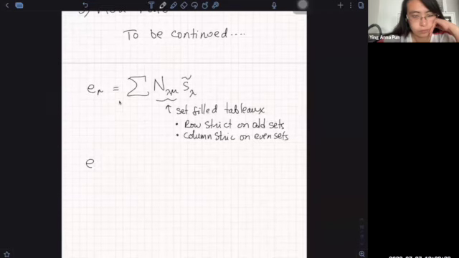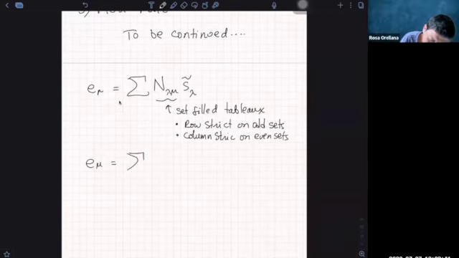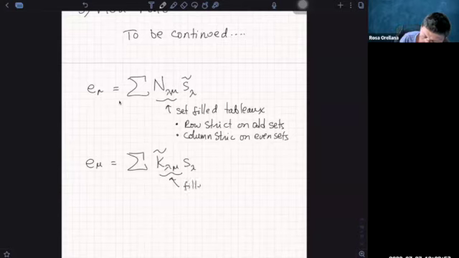And if you write E mu in terms of the regular Schur functions, I'm going to put tilde here, and you put lambda mu equally. These ones right here are sets of size 1, if you like, filled with numbers. So the sets are all size 1, and it is row strict.